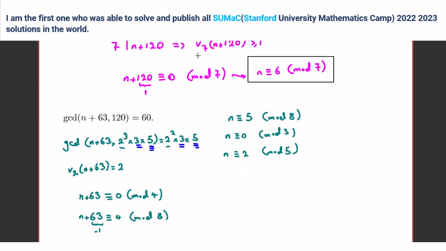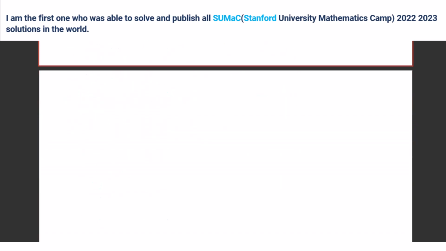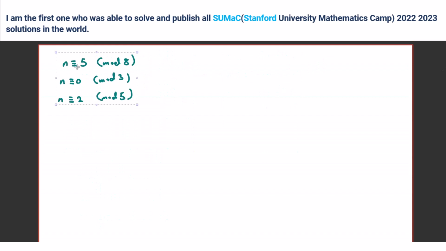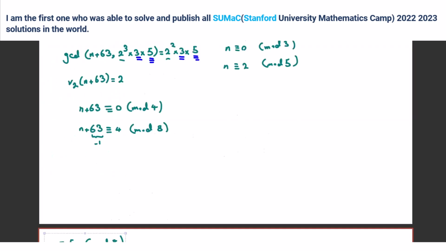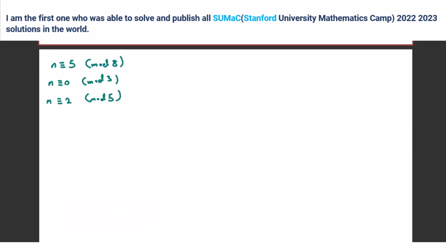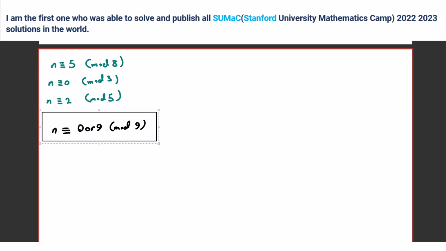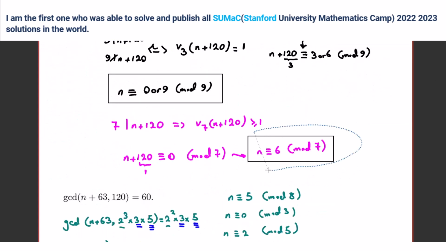So let's consider all modulos that we've reached so far. Let me write them here. We've reached this, we've reached this one, and we've reached this one, right?